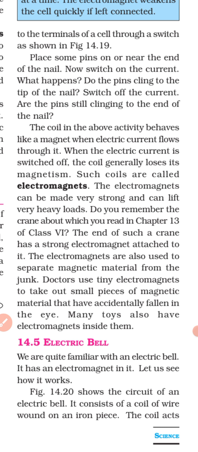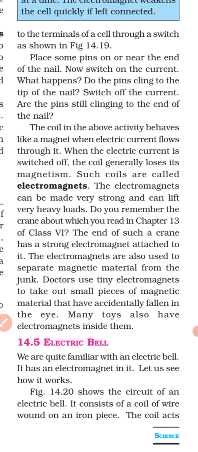No. So when the switch is on, electric current flowing in the copper wire has turned the iron nail into an electromagnet. And when the switch is off, the current through the coil will not flow.